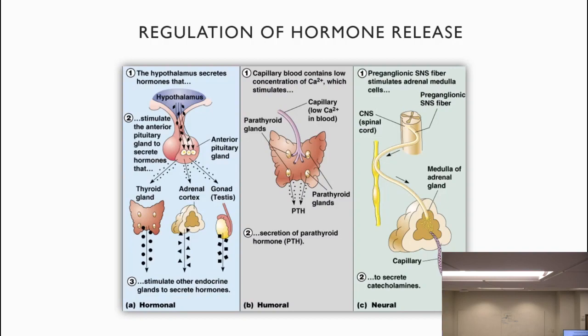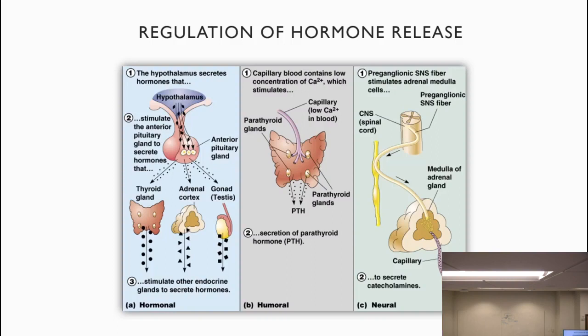Now, the one in the center shows what we call the humoral regulation. The first is neural because it's directly by the nervous system. The one in the center is called humoral. Remember, humor means fluid. That is a way of regulation in which the endocrine cells respond to variations in the concentration of different substances in the blood.